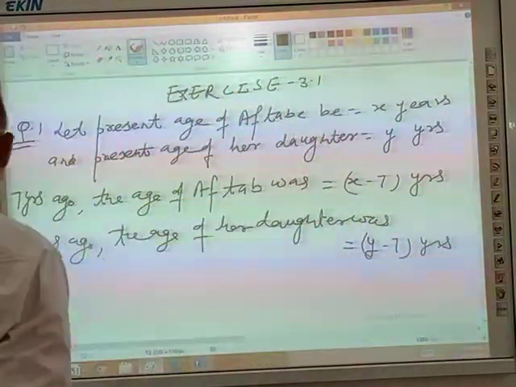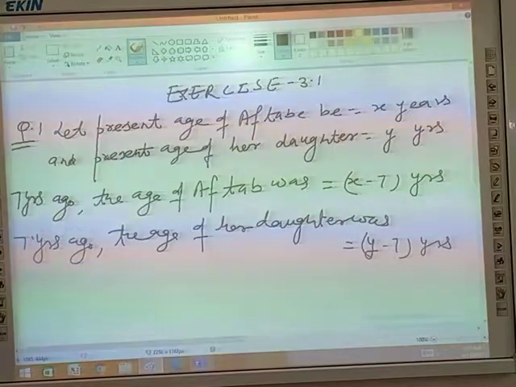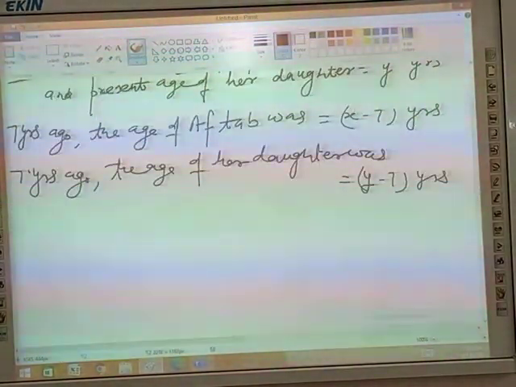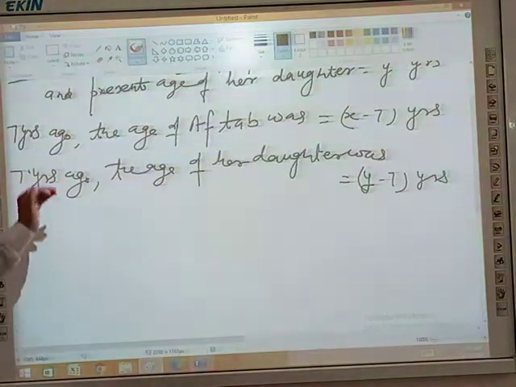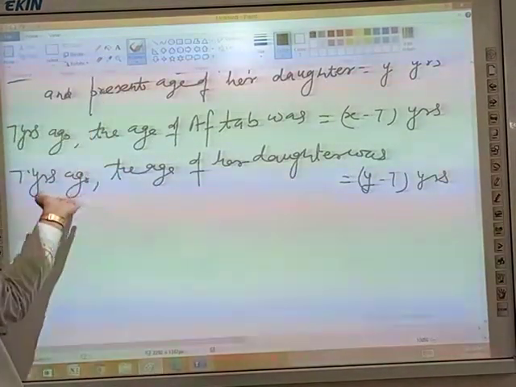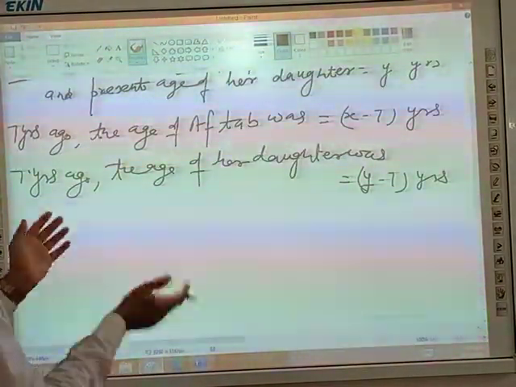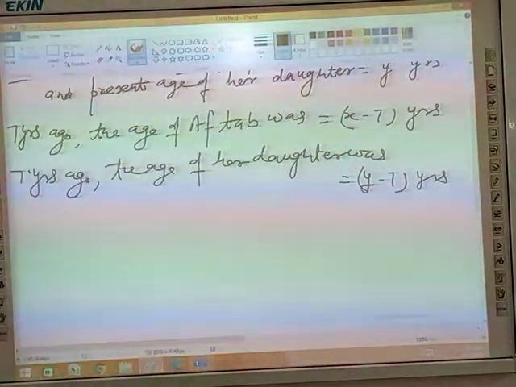So x minus 7 years is Aftab's age 7 years ago, and y minus 7 is his daughter's age 7 years ago.